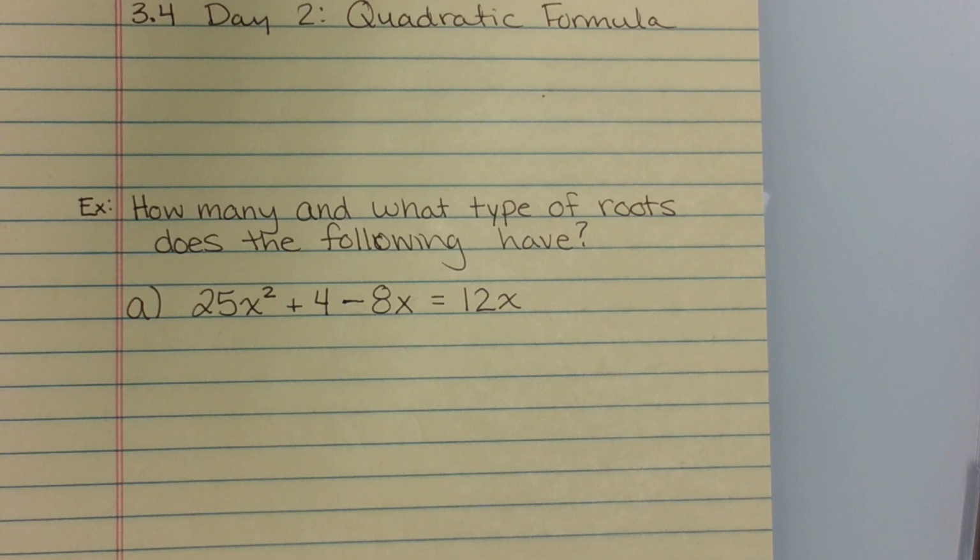Now let's talk about two real solutions. Two real solutions means that when I do this, these two are not equal, which means that's not 0. But I still want them to be real. What makes solutions imaginary?